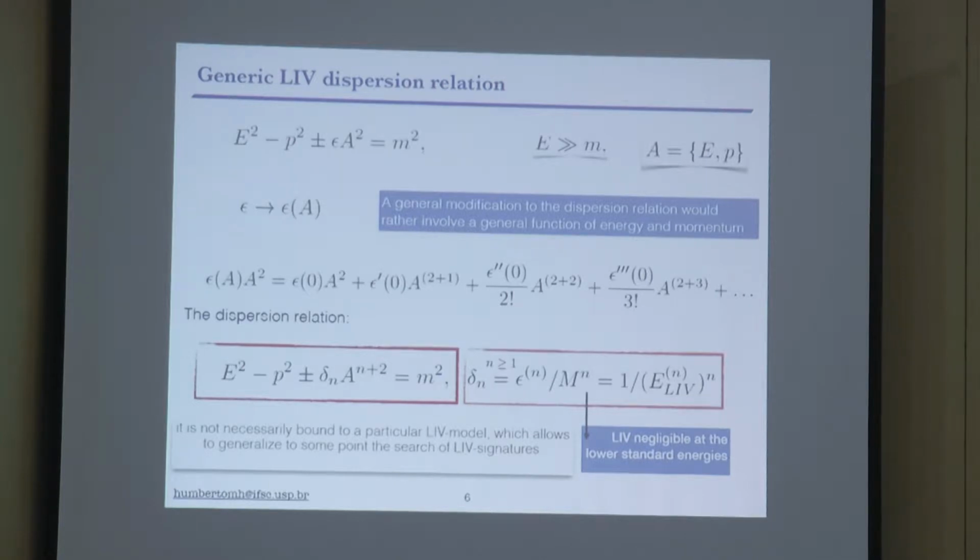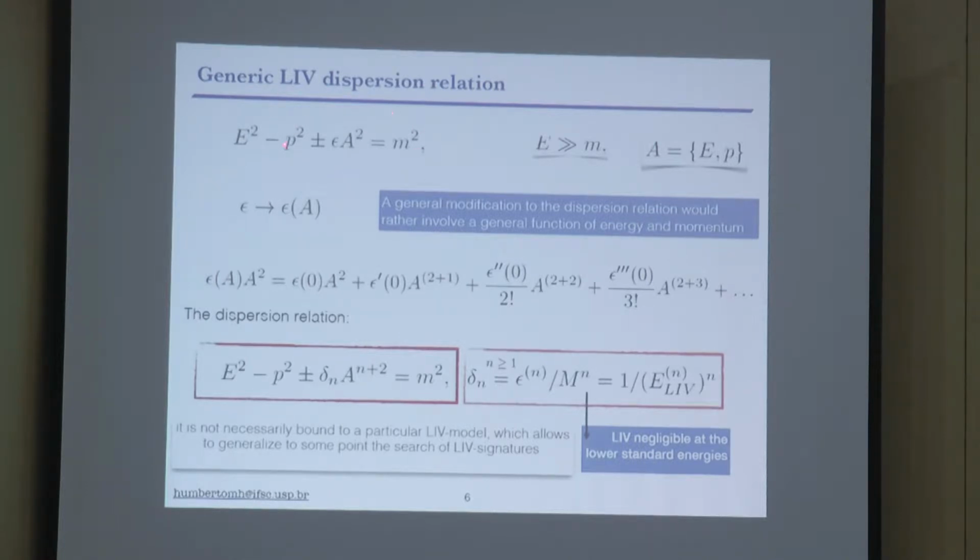Which Lorentz violation are we going to use for this analysis? Well, it has been shown from different theoretical models that you can introduce Lorentz invariance violation by changing the Lorentz invariant dispersion relation, which is written here, E squared minus p squared equals m squared, basically, for each particle.